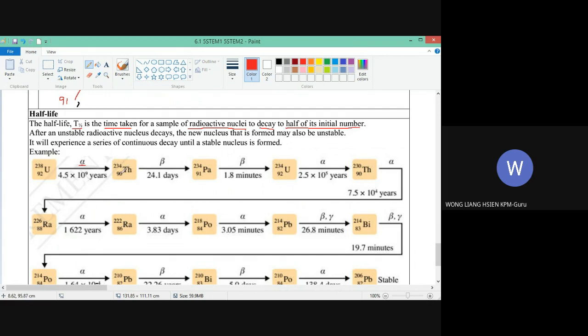And then thorium. For thorium-234, after 24.1 days, the thorium that undergoes beta decay will decay by half.